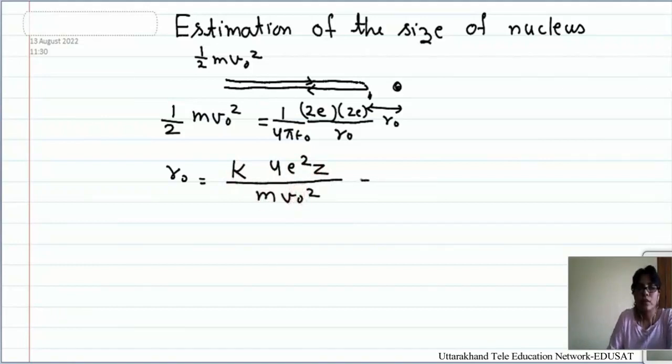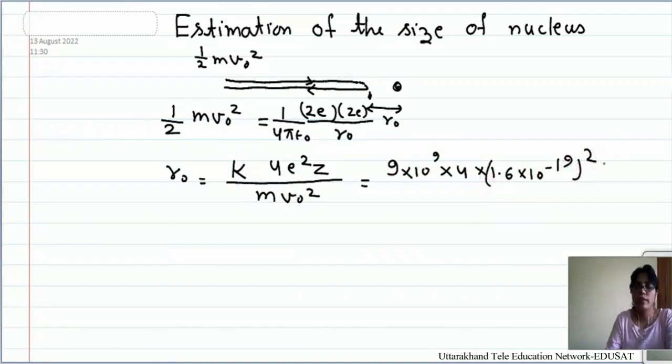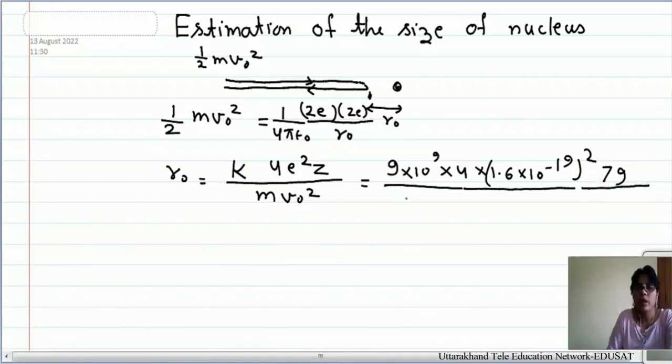Now this k is 9 into 10 to the power 9, and 4 e square means 1.6 into 10 to the power minus 19, whole square, and then the value of z. Z, the atomic number for gold, is 79, so put 79 here. In the denominator we have the mass m, the mass of the alpha particle, which is 4 into 1.67 into 10 to the power minus 28, the mass of the proton, and then v naught, the velocity.